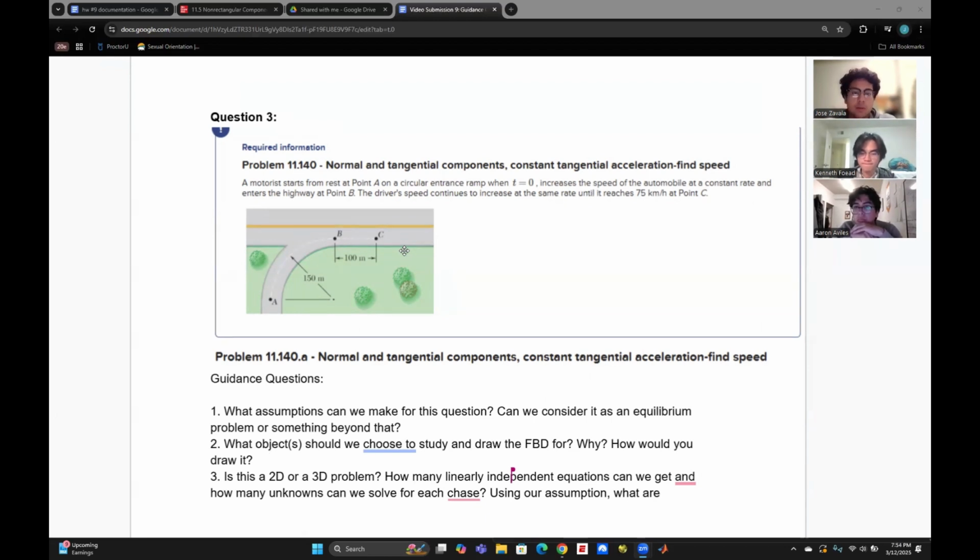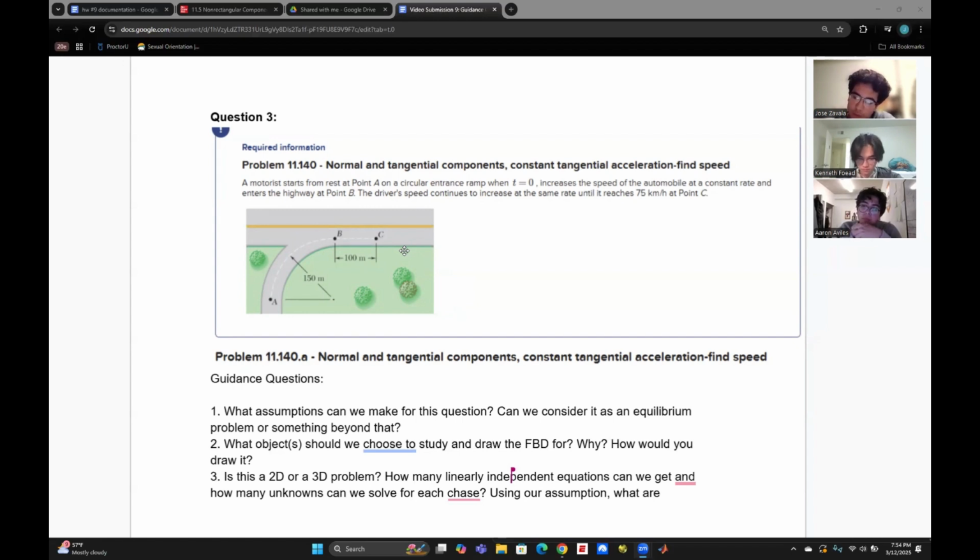So given the 150 meters to be the actual radius, over 90 degrees or pi over 2 radians, what I did is I used the 3 equations for when we know that acceleration is constant. It's just physics 2A stuff.